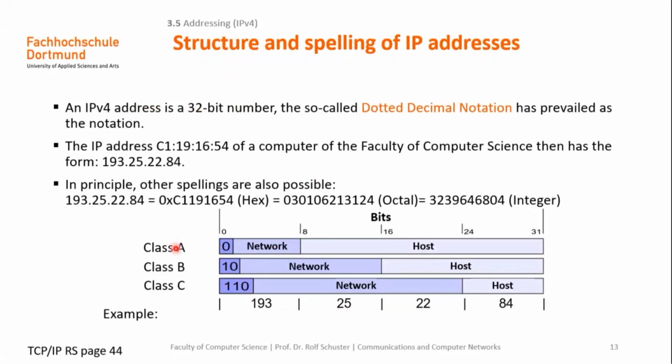In the case of class A addresses, the first octet is used to identify the network. In class B, the two most significant octets are used to identify the network, and in class C, the three most significant octets are used.